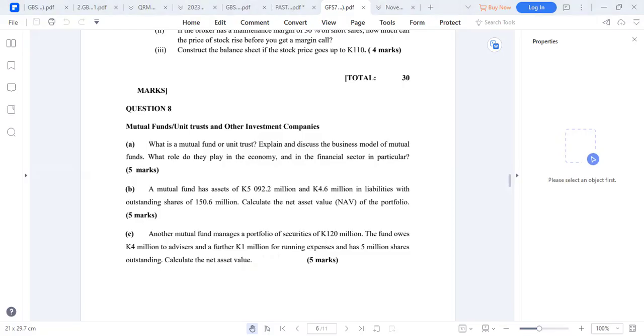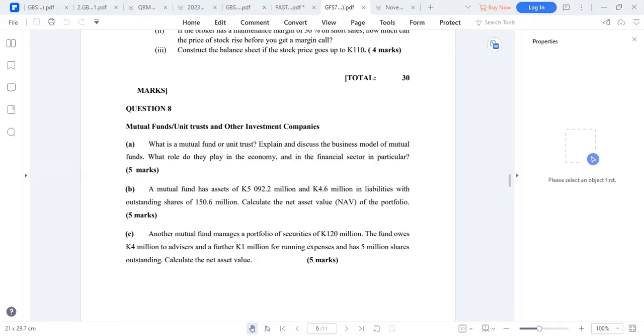The total assets before we get the liabilities: assets 120. The total liabilities will be 4 million plus 1 million, which is 5 million. Then the outstanding shares are 5 million. So now that's where you get to calculate it.